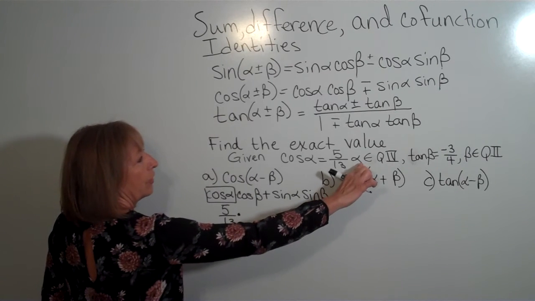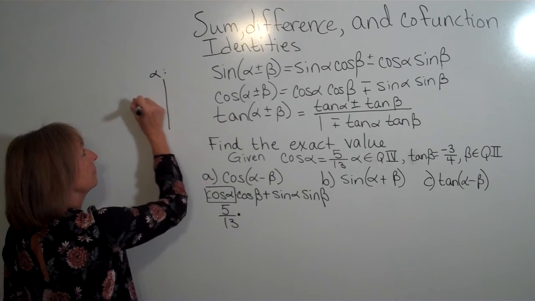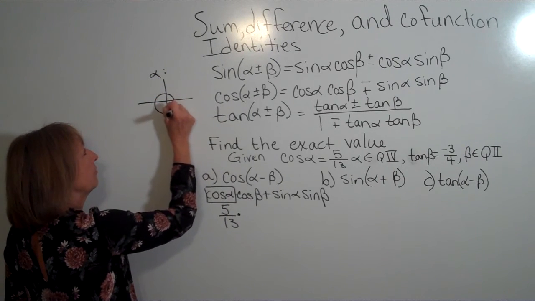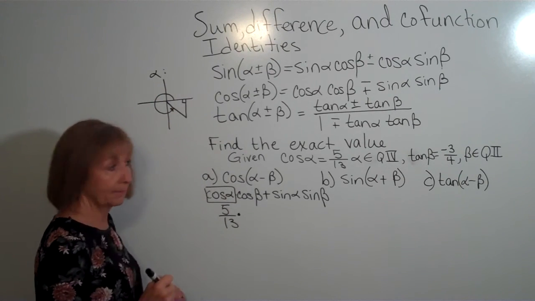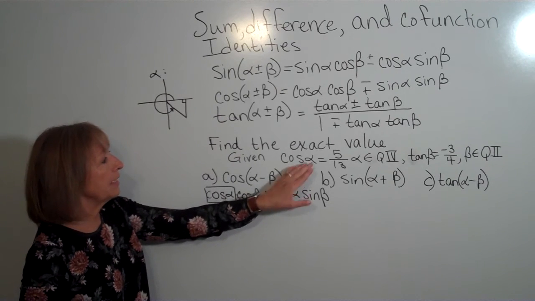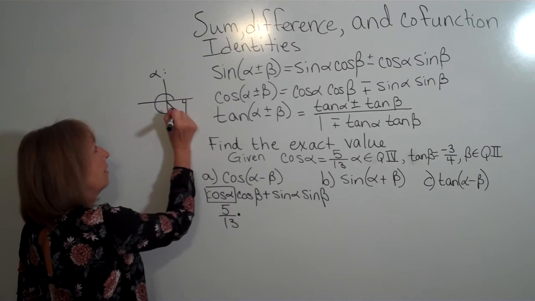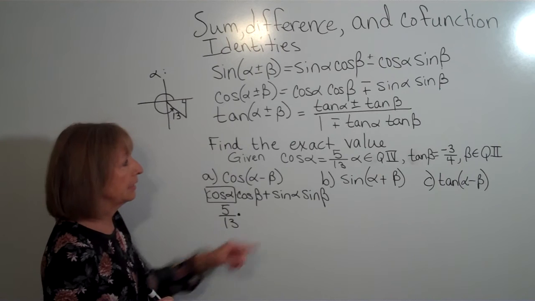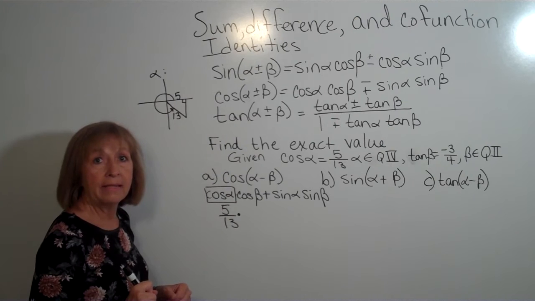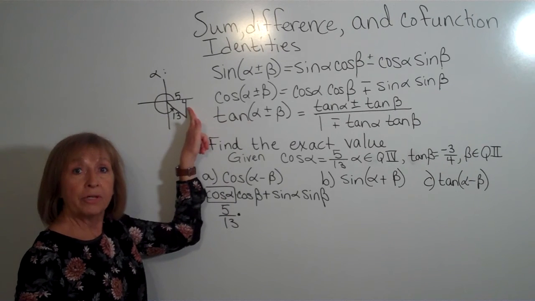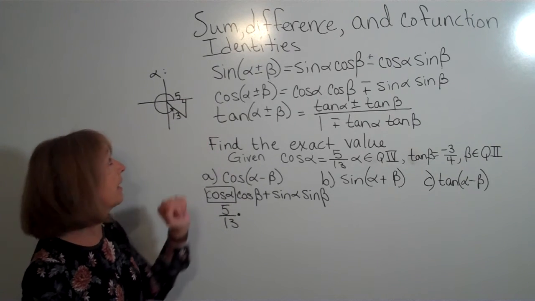Starting out, let's do for alpha. So alpha is in quadrant 4. So I have a quadrant 4 angle. Always go to the nearest x-axis. The cosine ratio is our x over r. So r is 13, that's the hypotenuse. And the x-coordinate is the horizontal run. And to find the y-coordinate, I'm going to use the Pythagorean theorem and then realize that I'm going down, so I need to use a negative on it.